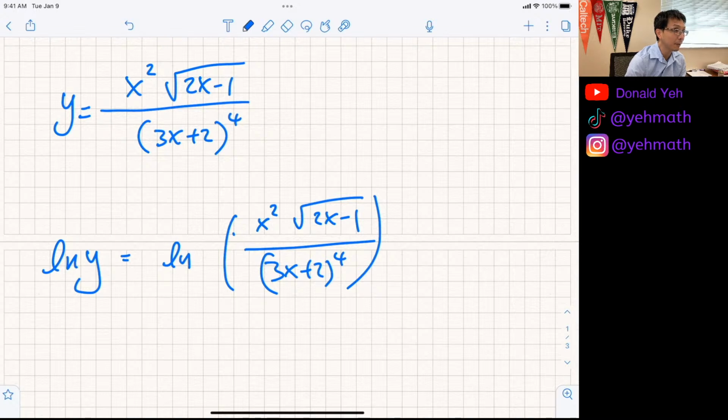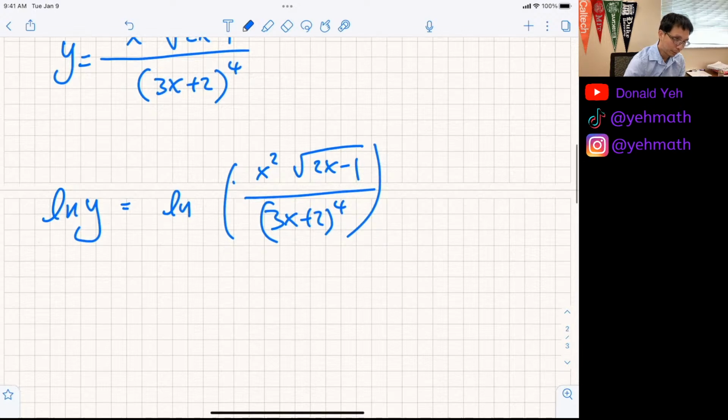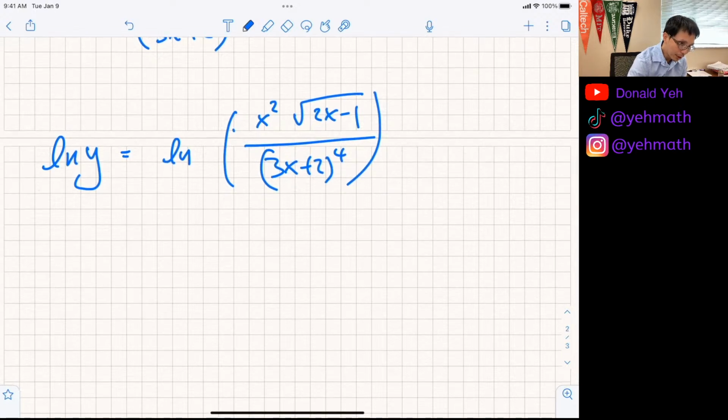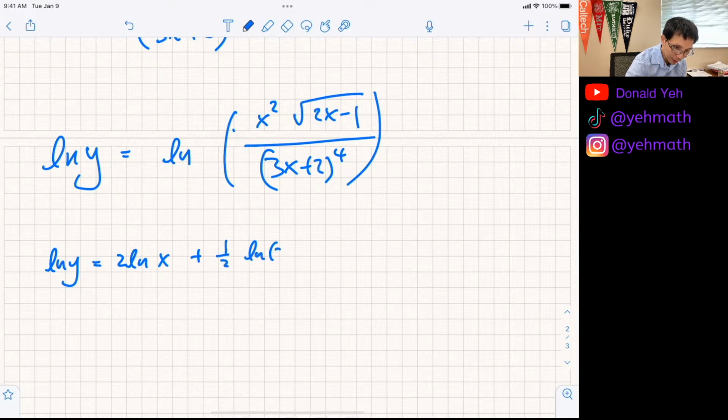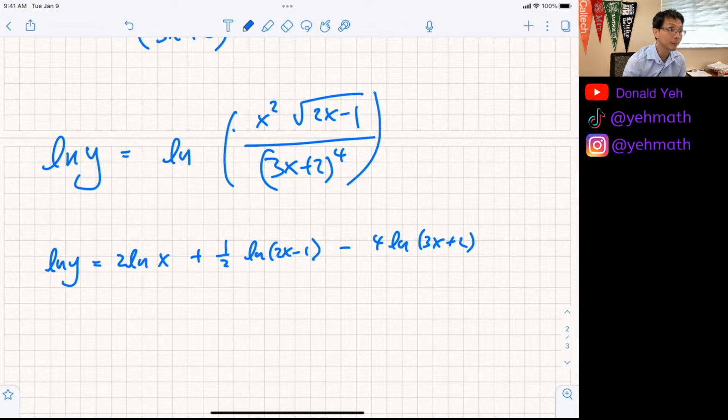You're not taking the derivative yet. You're going to break it into small parts, and you're going to say natural log of y equals 2 natural log of x, plus 1/2 natural log of 2x minus 1, minus 4 natural log of 3x plus 2, like this.